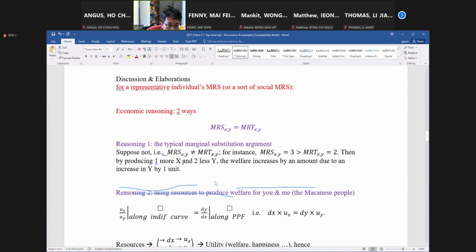But I think the marginal rate of substitution means 1 more x and 3 less y. So the final result is not that welfare increased by an amount due to an increase in y by 1 unit.